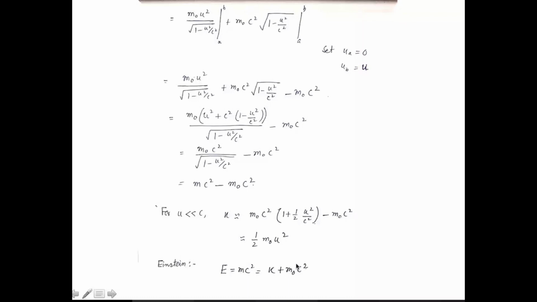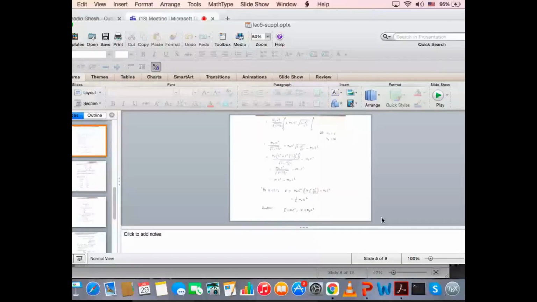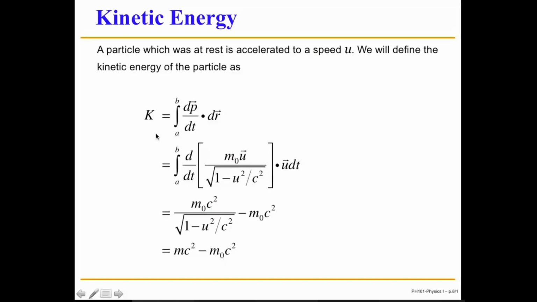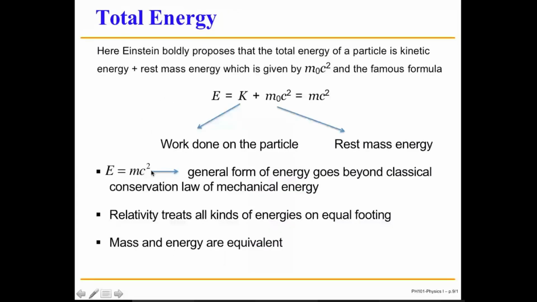So you see, conceptually, this is very different from what we have learned so far, the way we have visualized energy so far. So let's get back to the discussion of it. I hope these calculations didn't pose any problem. So this is the formula for the kinetic energy. And Einstein said that the total energy is kinetic energy plus rest mass energy.